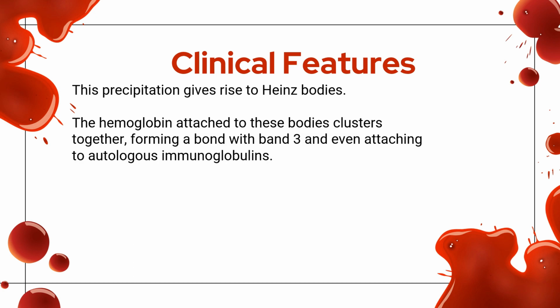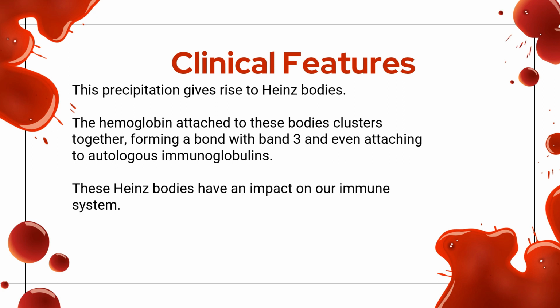The hemoglobin attached to these bodies clusters together, forming a bond with band 3 and even attaching to autologous immunoglobulins. These Heinz bodies don't just sit idly by. They have an impact on our immune system. By activating macrophages, they alert our body's defense mechanisms to their presence, triggering a response that's designed to maintain our well-being.